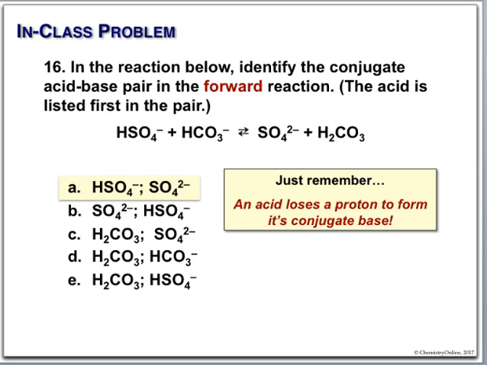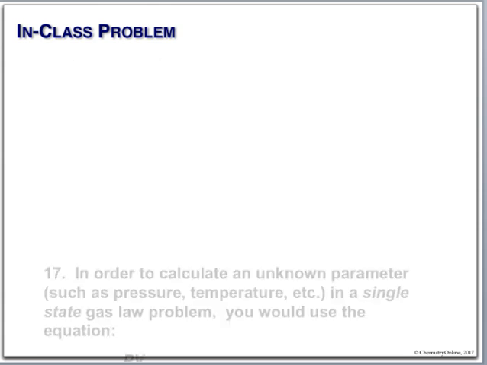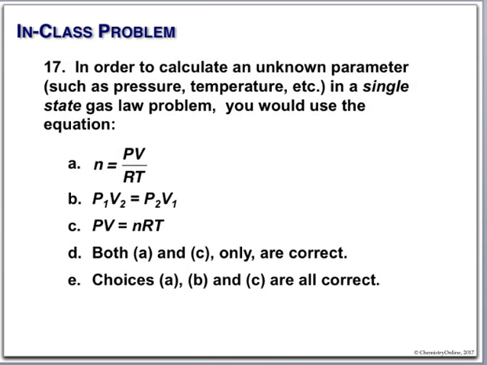All right, let's change gears again. Let's go back to our friend the gas laws. We're dealing here with a single state gas law problem. That means we're not doing our cylinder thing, where we're changing from one set of conditions to another. We simply have a sample of gas, and we know everything about it except one thing.